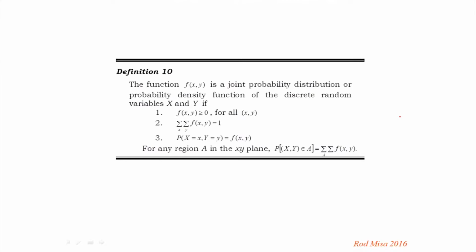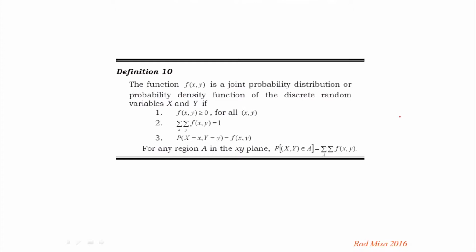Number 1. The function f(x,y) is greater than or equal to 0 for all possible pairs of x and y. In other words, the probability value for each possible pair of x and y is never negative. Number 2, the sum of all probability values for all possible pairs of x and y must be equal to 1.